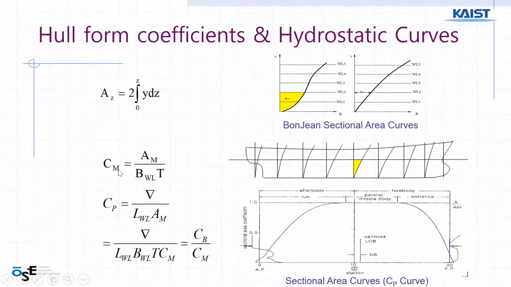Integral. Then the midship section coefficient CM, again the same as area, with breadth at the waterline and draft. CP again. So CP and CB are related by these numbers. CB and CM can be used to calculate CP. Question?